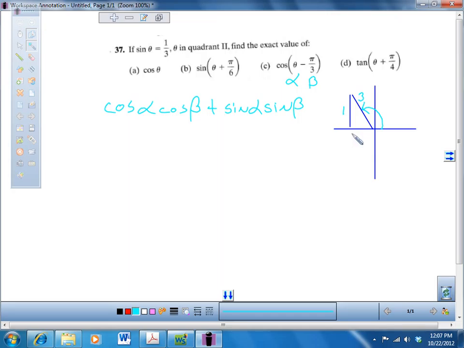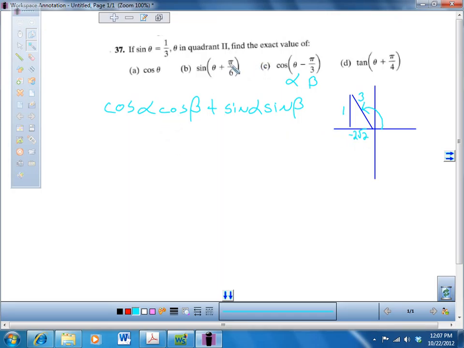It comes out to be negative 2 root of 2, because it's root of 8, right? 9 minus 1 is 8, so it's the square root of 8, which simplifies to 2 root of 2. But you make it negative because it's in the negative x direction.